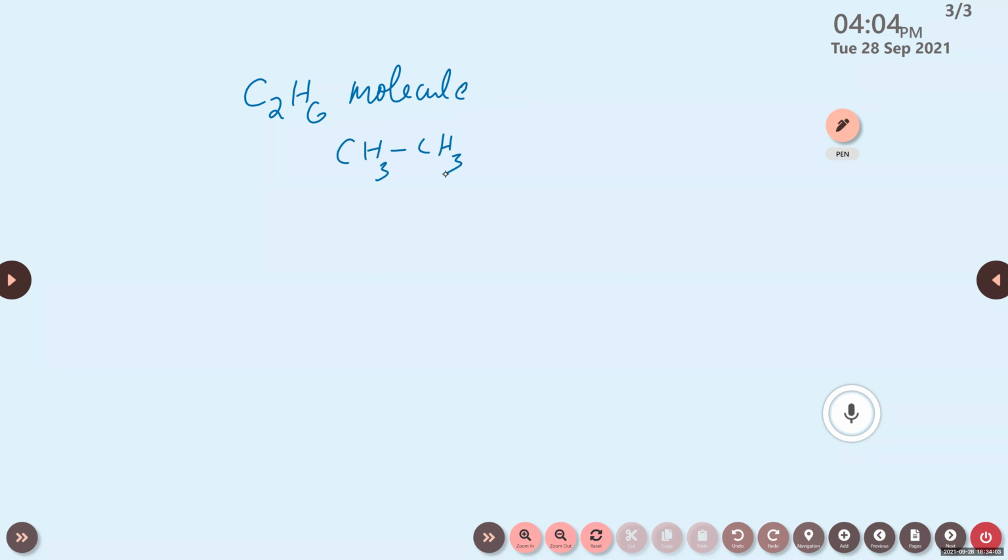Ethane, yes, it's ethane, right? So here, which one is the central atom? Carbon itself, right? The 2 carbon atoms are the central atoms.